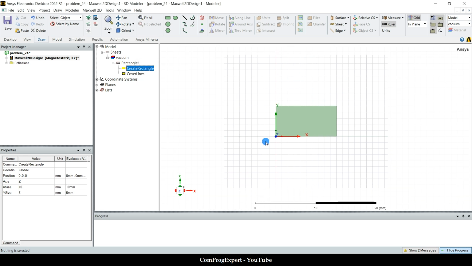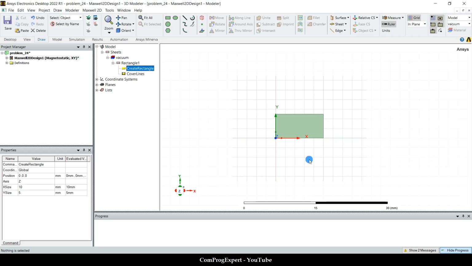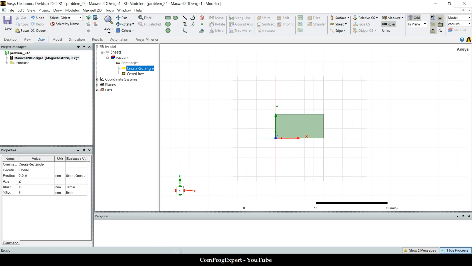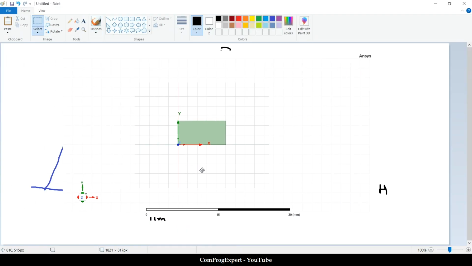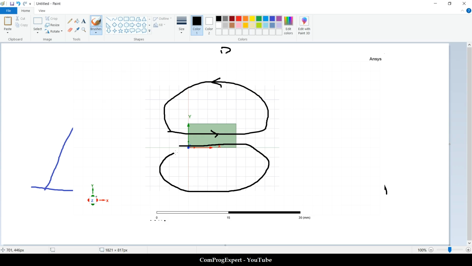If we magnetize this magnet in the X direction, you know that the generated magnetic field by this magnet will be in this direction. So this is the generated field.